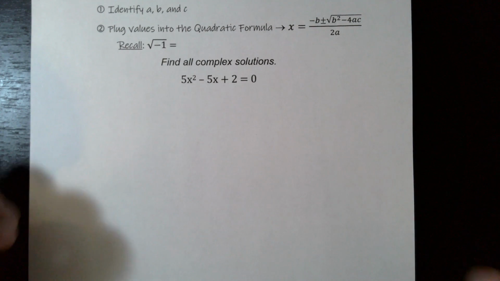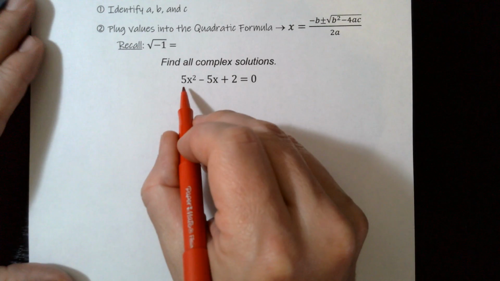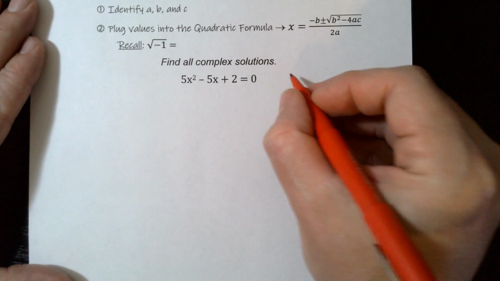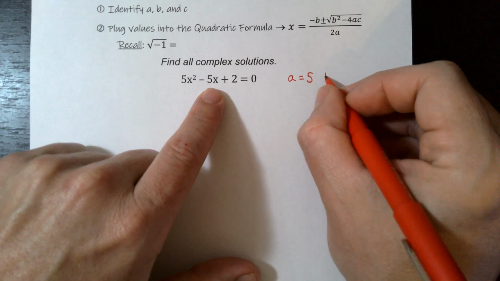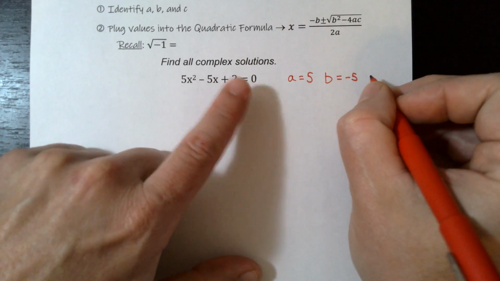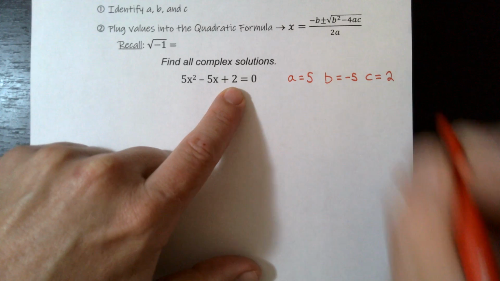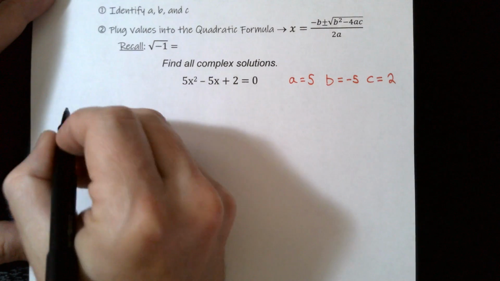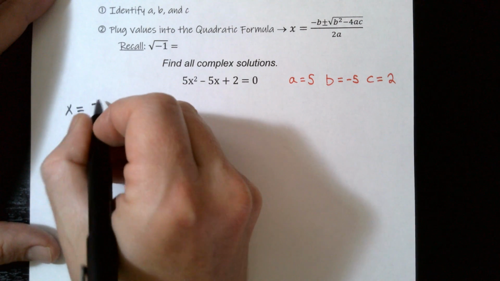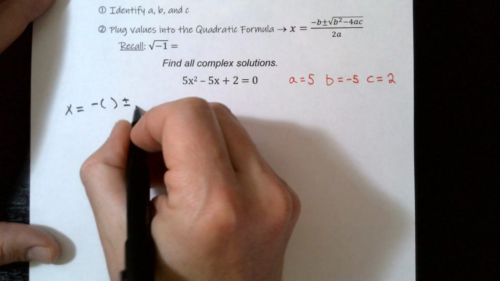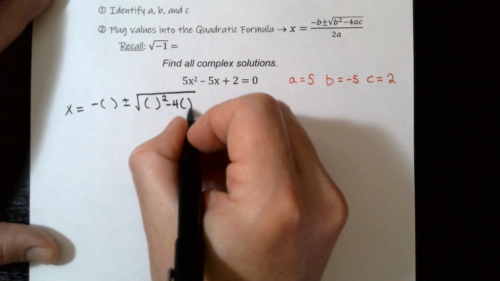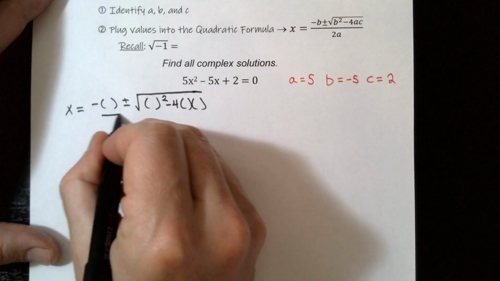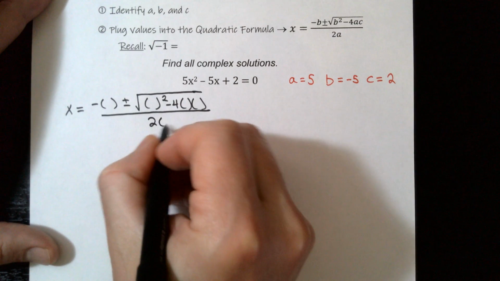Okay, on this one we have 5x squared minus 5x plus 2. So our a is equal to 5. Our b is equal to -5. And our c is equal to 2. Okay, so let's write down the quadratic formula. -b plus or minus the square root of b squared minus 4 times a times c all over 2 times a.